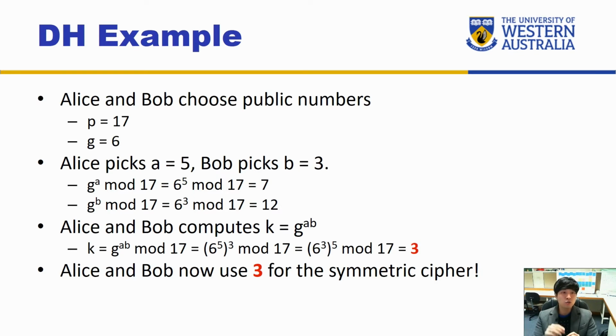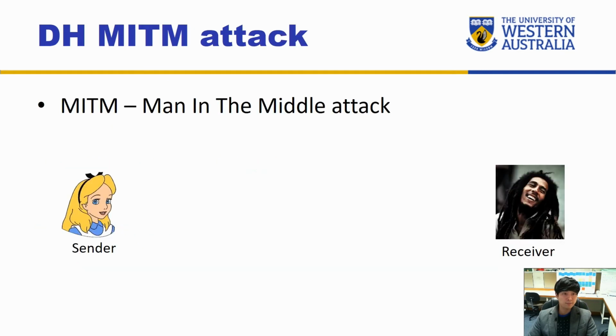So 7 to the power of 3 mod 17 is going to give us 3. And from Alice, you do 12 to the power of 5, which is 6 to the power of 3, which is also going to give you 3. Okay, so the agreed value between the two, k, is 3 now. So Alice and Bob can now use 3 as their symmetric cipher key. Hopefully that was quite straightforward.